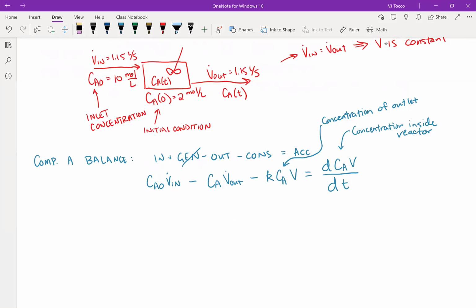That way I can factor that out. So I'm going to factor out a V dot over V. So let's say up here, V in is equal to V out, and then this is equal to just V dot. So V dot over V times CA0 minus CA minus K CA is equal to dCA dt.